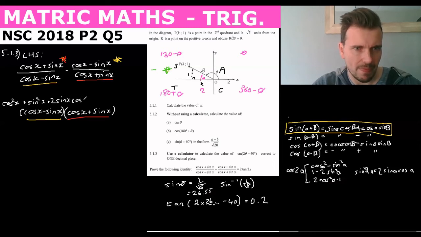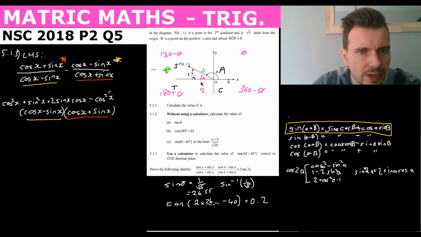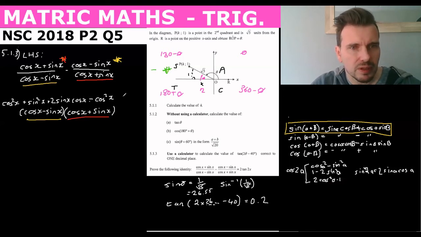Okay. And then this one times this one will be, now this is a negative, cos squared x. And then again, the same.